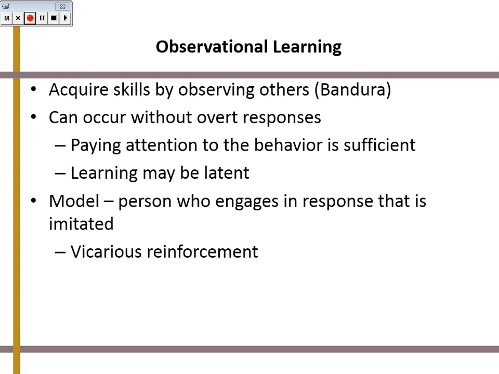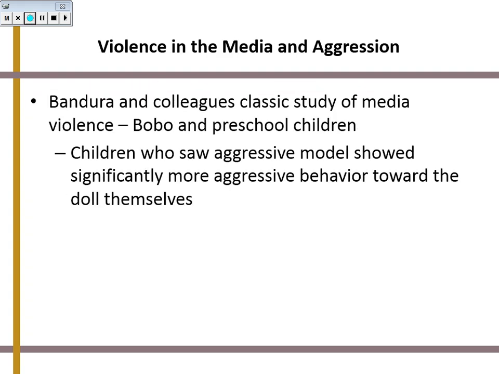Observational learning is also called modeling. It's kind of like shaping. Observational learning: I observe people or things to know how to behave. Latent learning is literally I use learning at a later time. Observational learning, I watch people. Shaping and observational learning are pretty much the same.